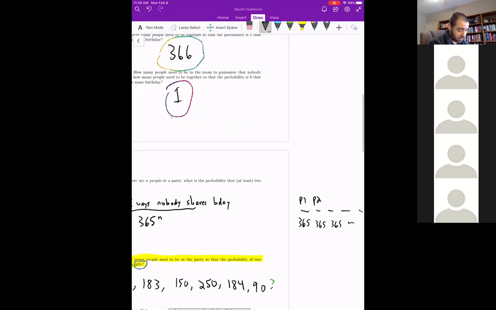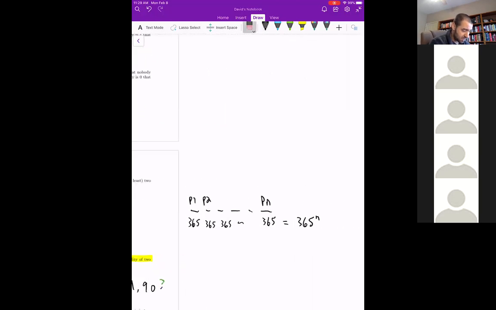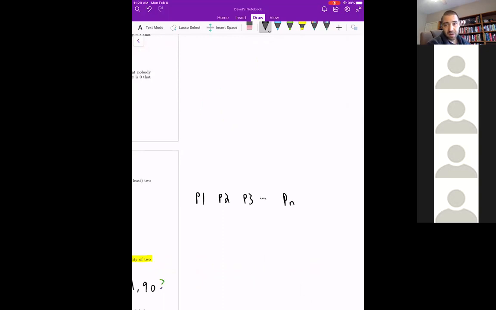So speaking of the numerator, let's come back over here. Get rid of all this garbage work. Again, I can think about distributing birthdays. I have person 1, person 2, person 3, dot, dot, dot, person n. How many options are there for person 1's birthday? 365. Okay, good. How many options for person 2? 364.